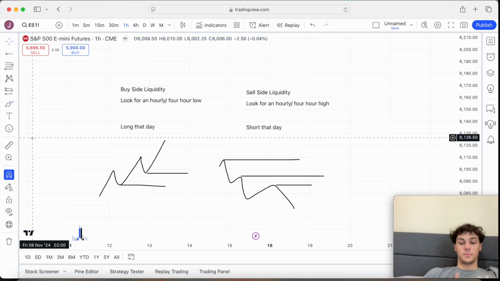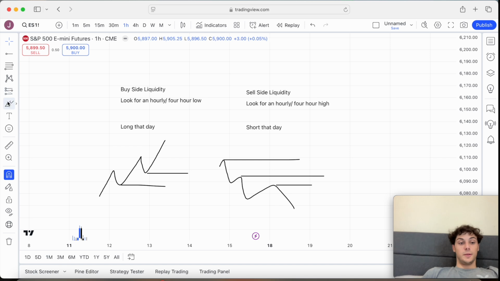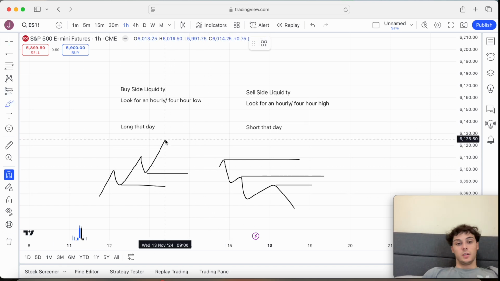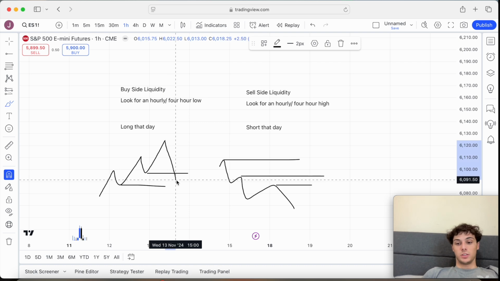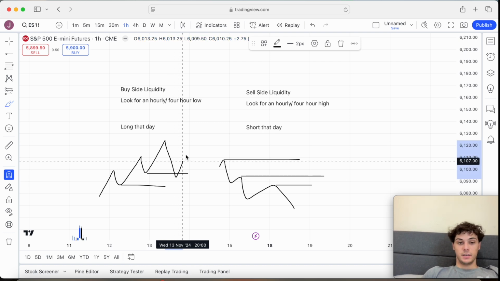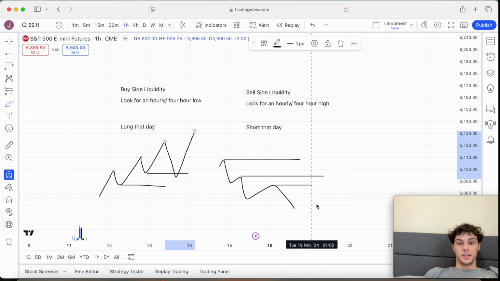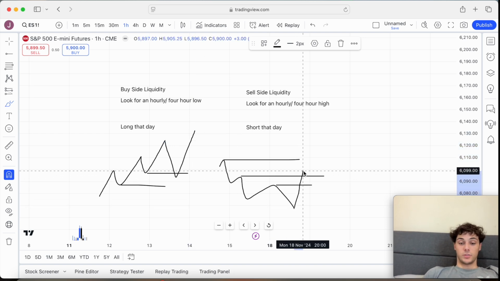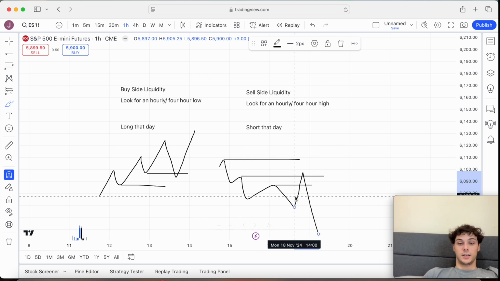Okay, so going right here. So say market, I drew these out. Anyways, market goes down, takes out this liquidity, it's going to be buy side, and then it'll continue going up. So then when market goes up, and say it doesn't take out this, takes out this one, goes down, that's sell side. So that's all it is.